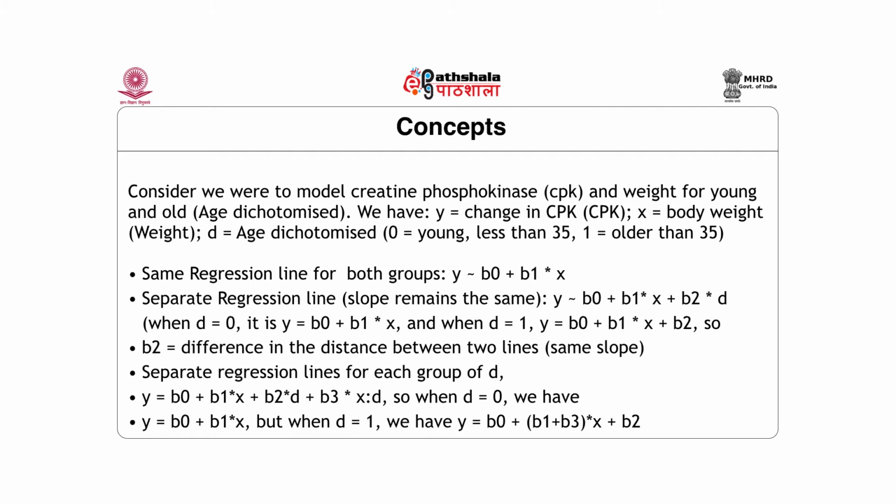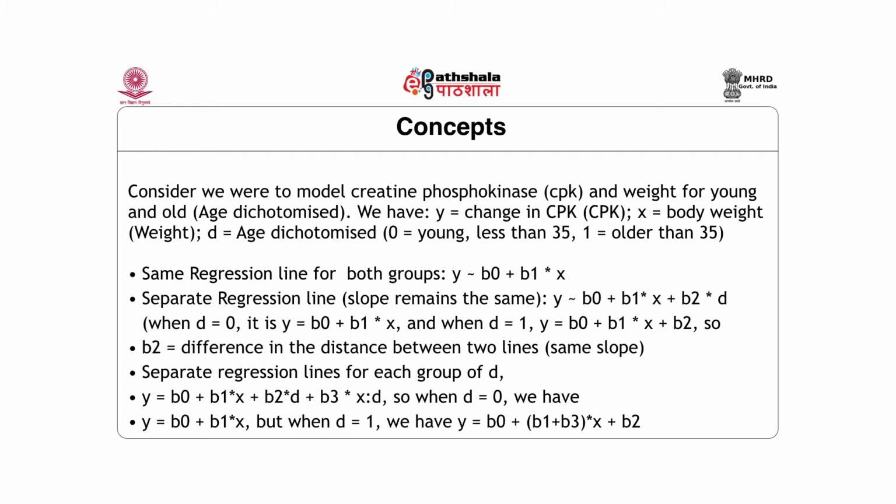So let's say there is actually an interaction between the age band, that is maybe the elderly, for a specific weight have got a different association than the younger people. So then we have got a little bit more complicated case, where the slope itself is going to be different depending on who you are.